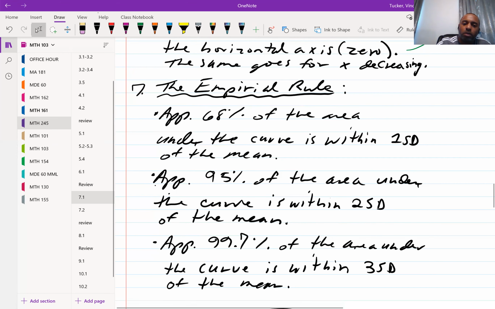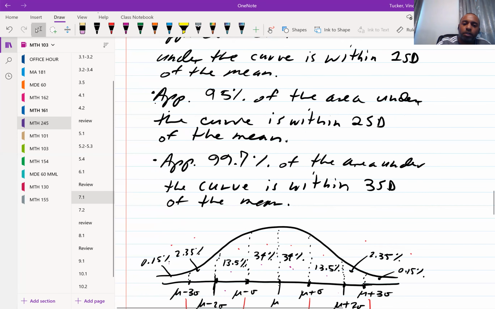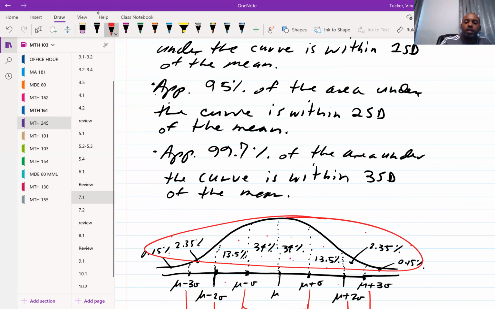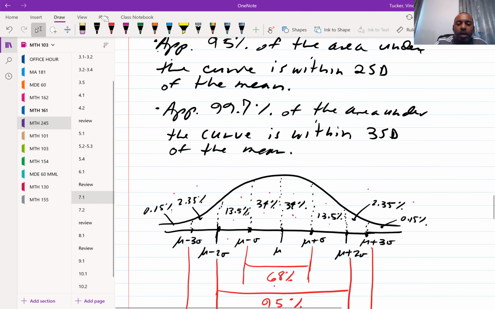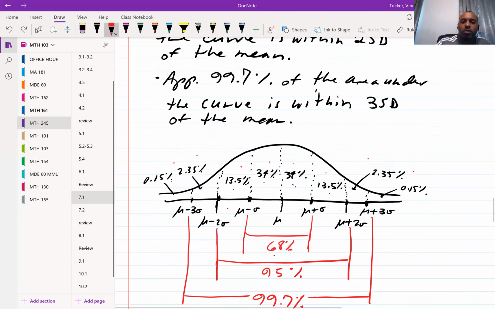All right, can I scroll up? This is the diagram that goes along with that. Remember, our percentages stay the same, but what changes is your mean and your standard deviation. The bottom numbers will be determined according to what your mean and standard deviation are.